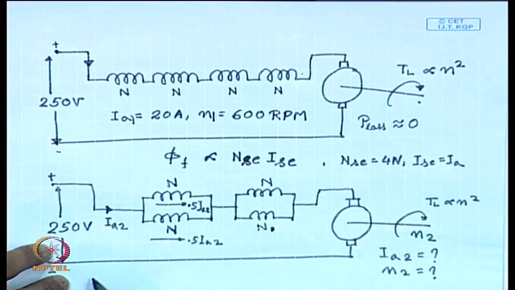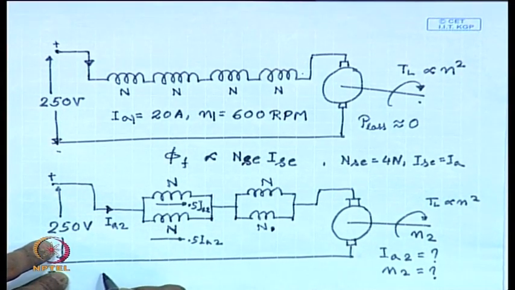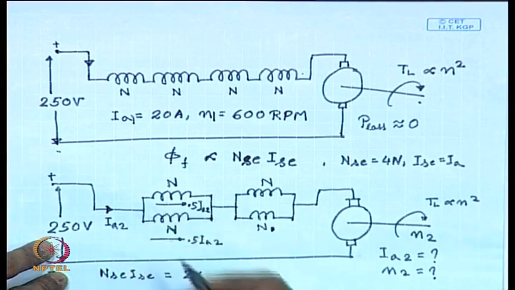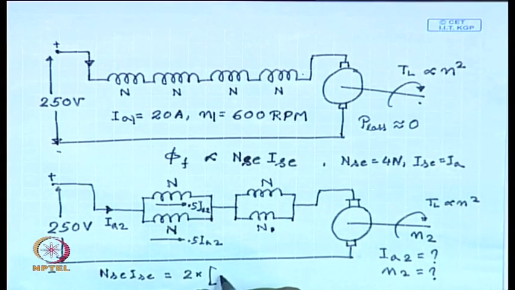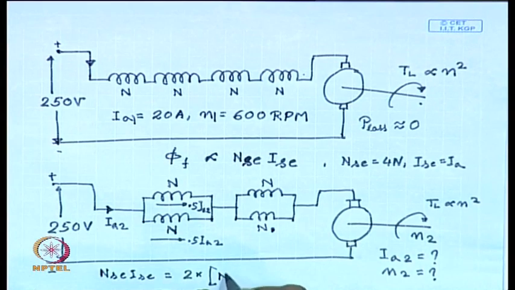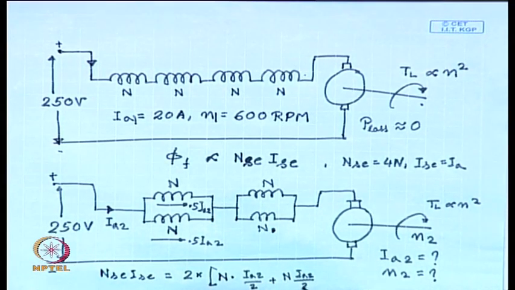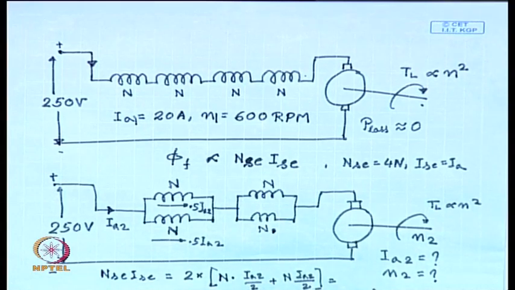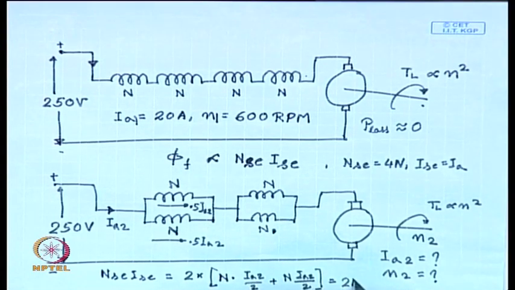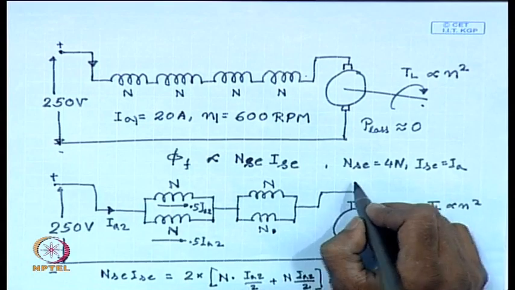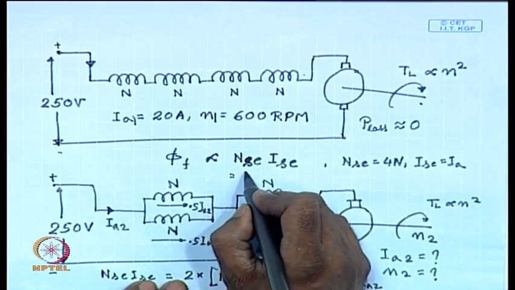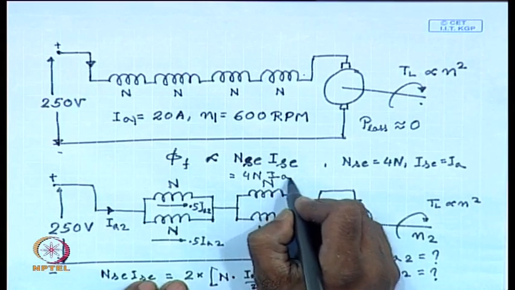So, here the net field ampere turns N AC I AC equal to 2 into I A 2 by 2 plus N into I A 2 by 2. This is 2 N I A 2. Here it was 4 N I A 1.